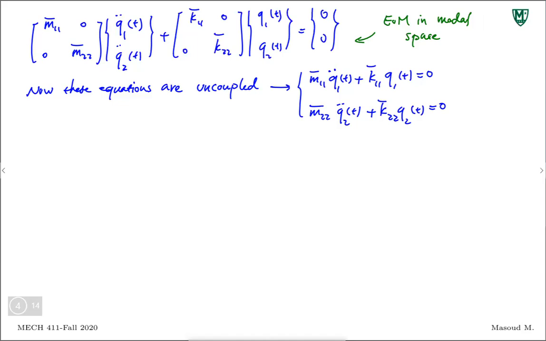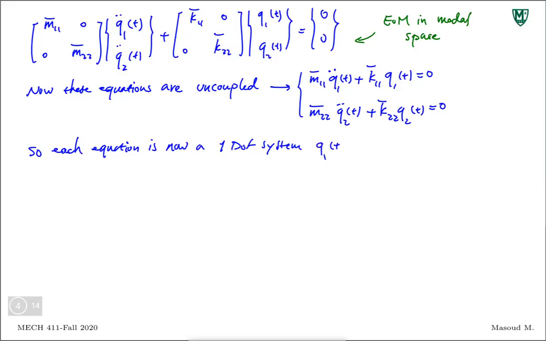Remember, for a system with single degree of freedom under free vibration, each equation is now a one DOF system. So we can actually solve this.